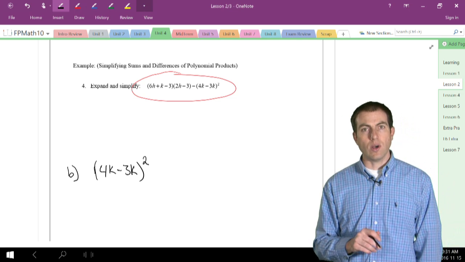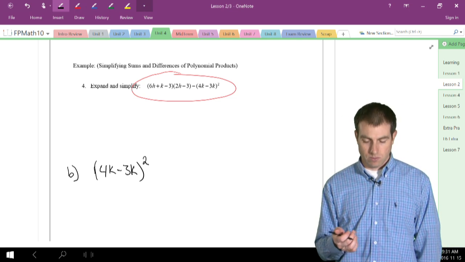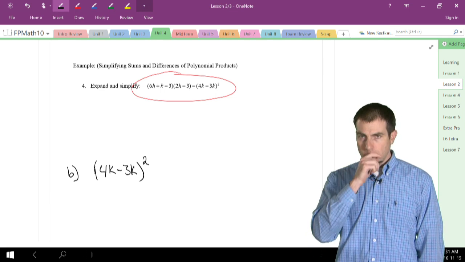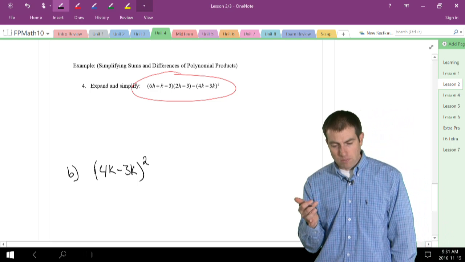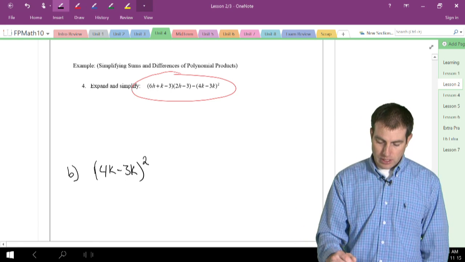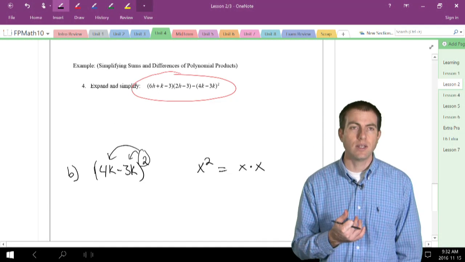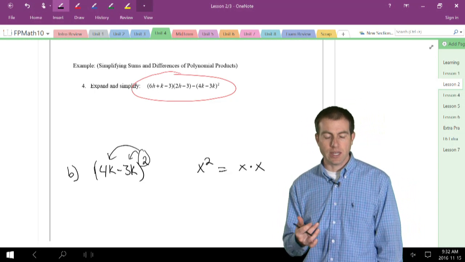All right, so I have this 4k minus 3k, and it's squared. Now, if I wrote something like x squared, you'd say, okay, that's x times x. A really common mistake students are going to make is they're going to take this exponent and give it to everything inside the brackets. And you're going to say, Mr. Borden, you told us to do that in the last unit. Why are we not doing that now?